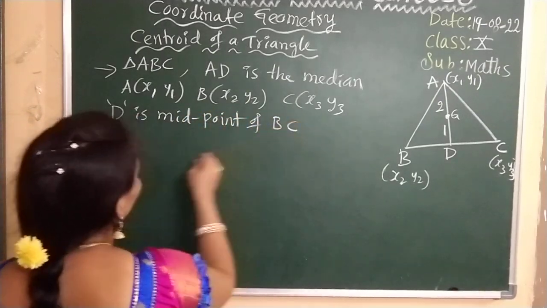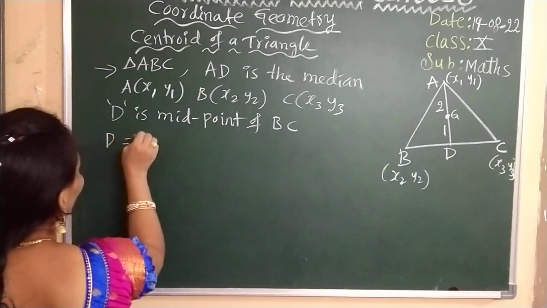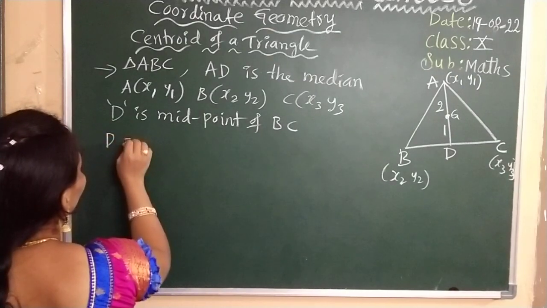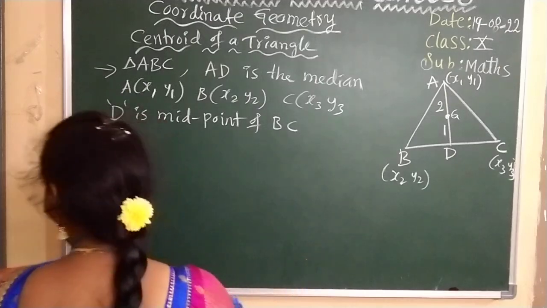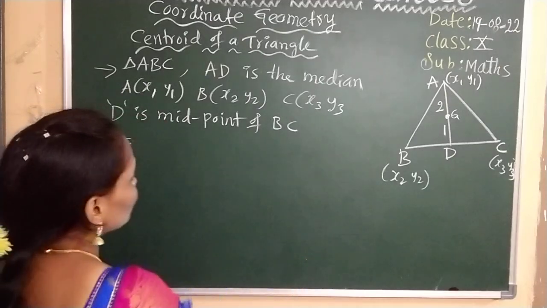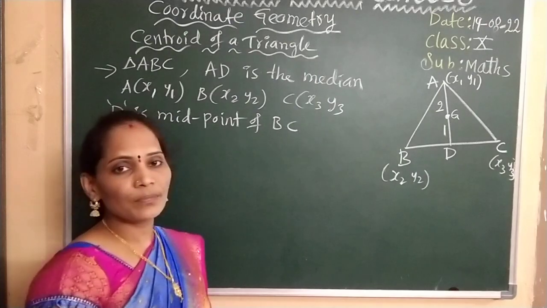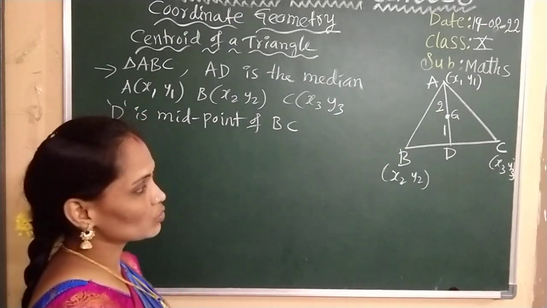So how to get D? We have the midpoint formula: (x1 plus x2) by 2, (y1 plus y2) by 2.